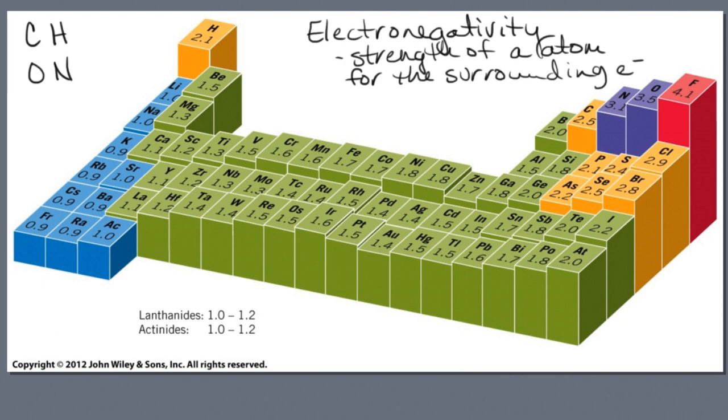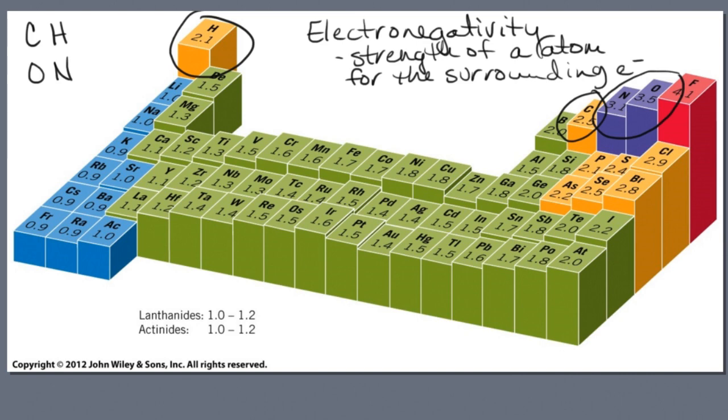Notice in this picture that hydrogen and carbon are both shown in yellow, indicating that they are relatively equal in their electronegativities. Just the same way, nitrogen and oxygen are both shown in purple, indicating that they are relatively equal.